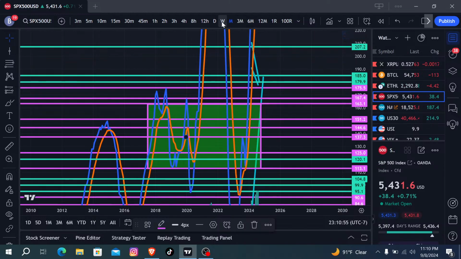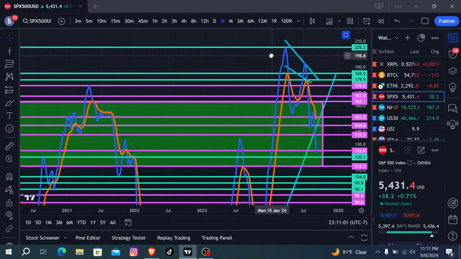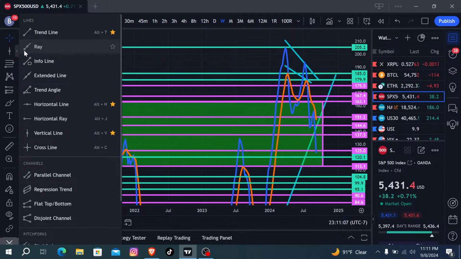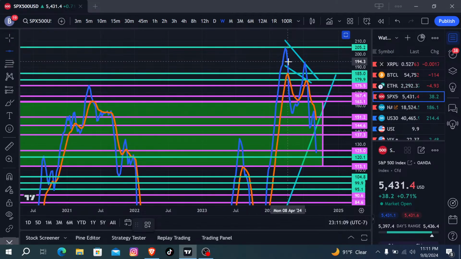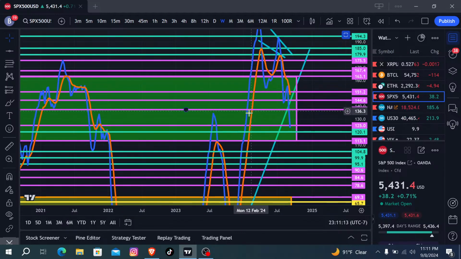Then I go to the weekly and I do the same thing. Mark down the weekly. So see every tip. Oh, I forgot to do this one. So every tip. You have one right here.